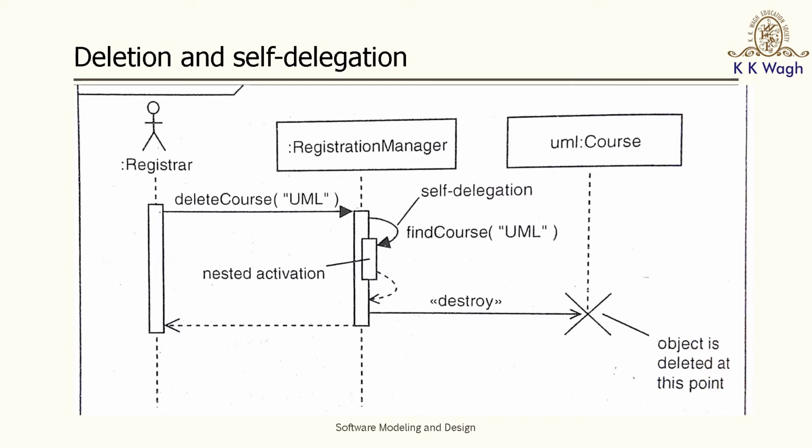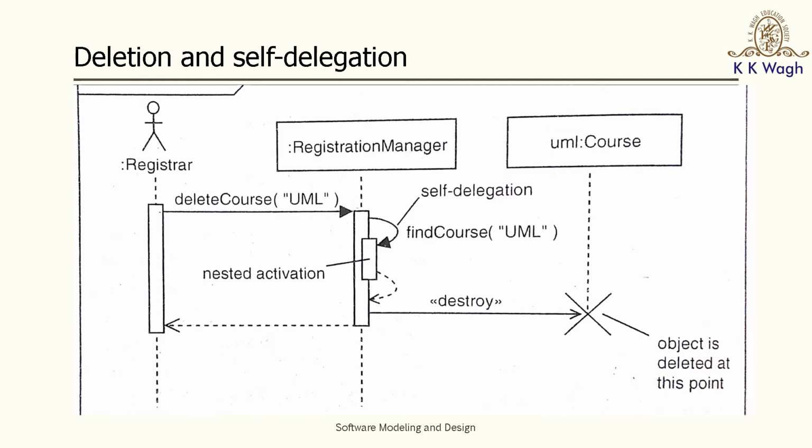And see here, the similar figure which we have discussed is repeated here, but the only difference is that self delegation is implemented. So see in this figure, self delegation, that is, a lifeline sends a message to itself. This creates a nested activation. Self delegation is very common in object oriented programming languages.